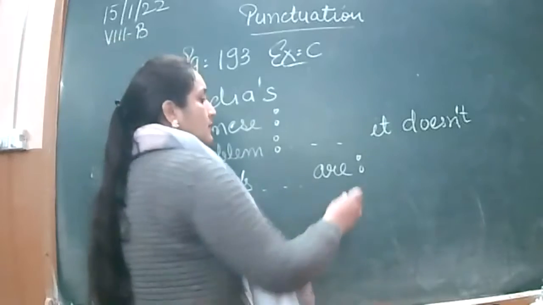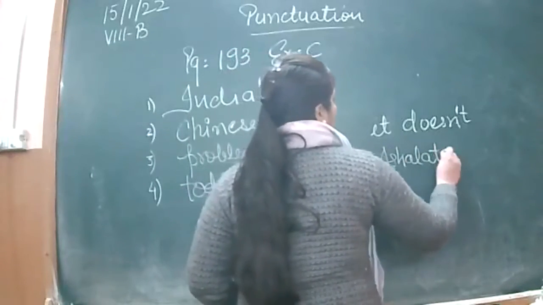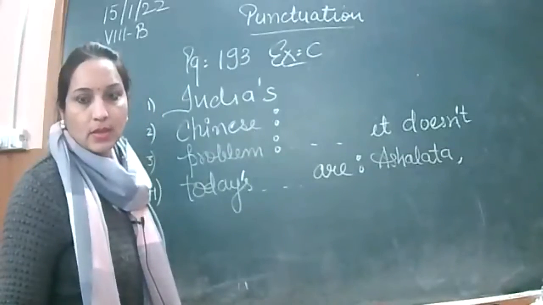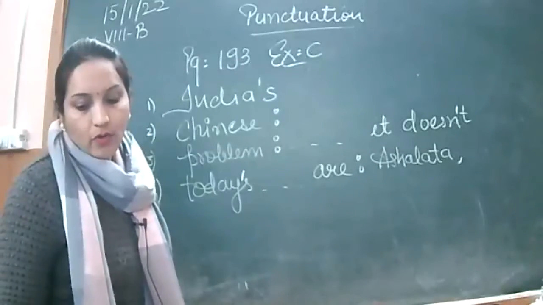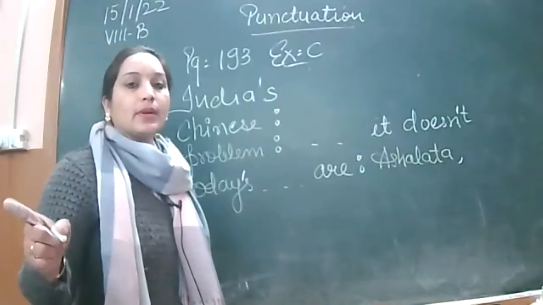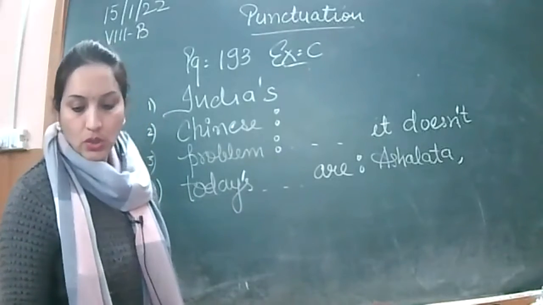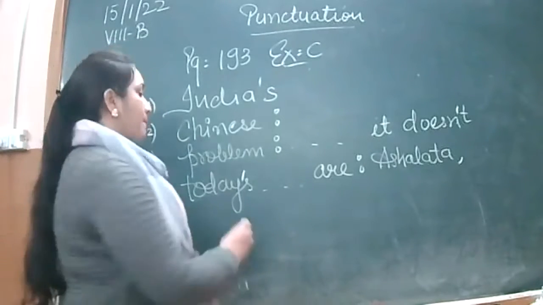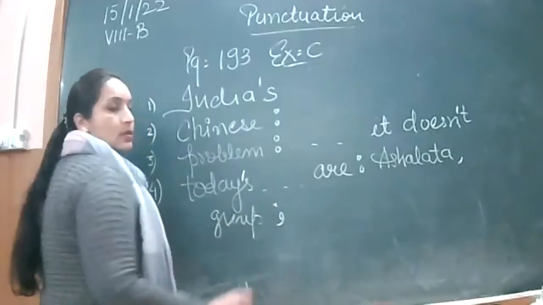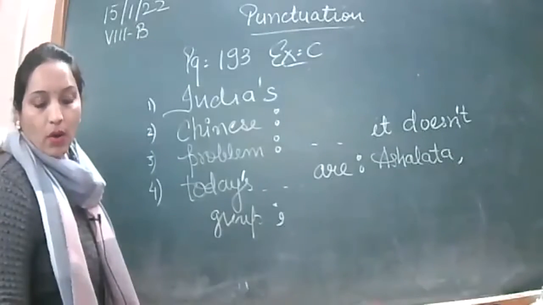Ashalata, yes. Ashalata is the name of a person. After Ashalata, you will use a comma. Ashalata, the leader of Bangalore group. Now see, designations are given according to apposition. So after Bangalore group, you will use a semicolon.